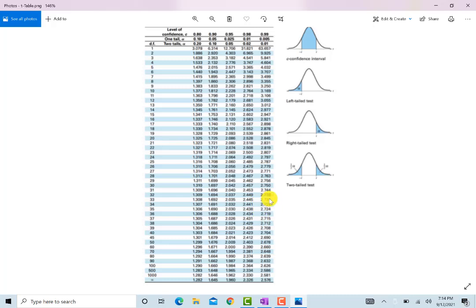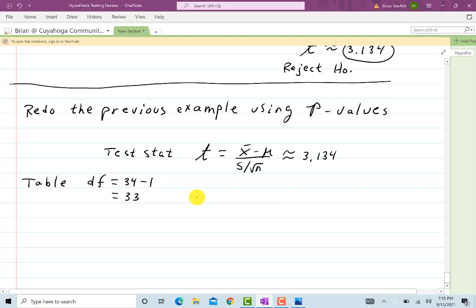Since it's to the right of that, it's going to have a smaller amount of area to its right. So since my number is to the right, I know that my p-value is less than 0.005. Let me go ahead and put that in.